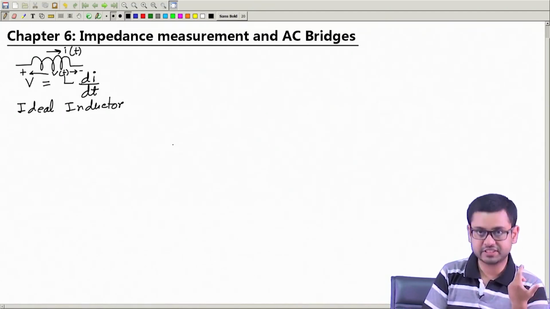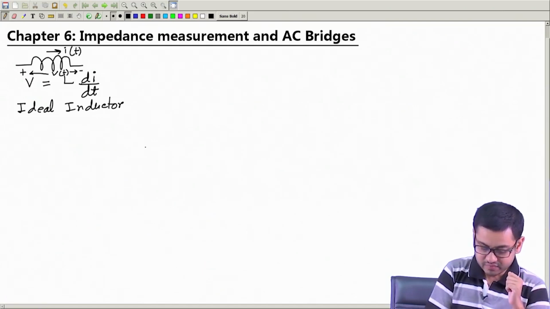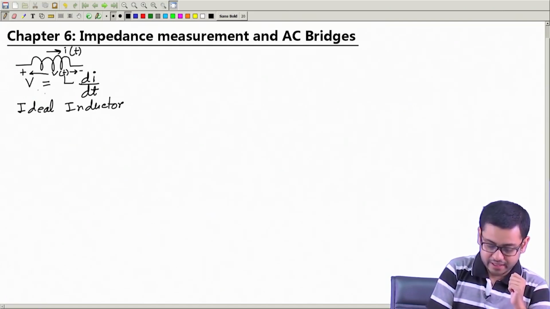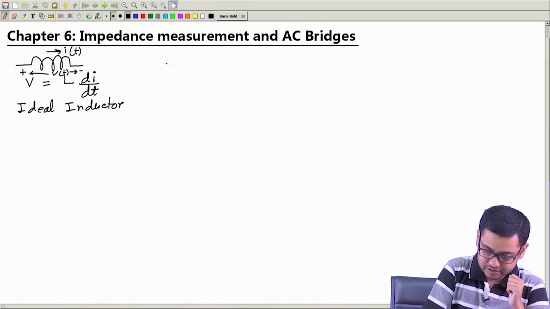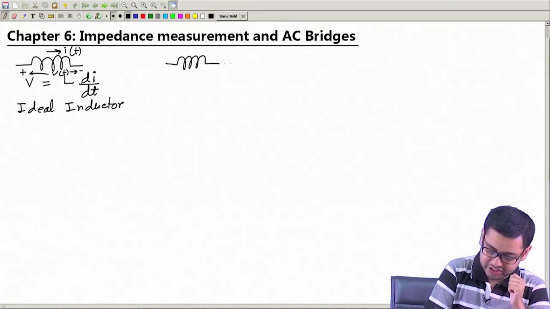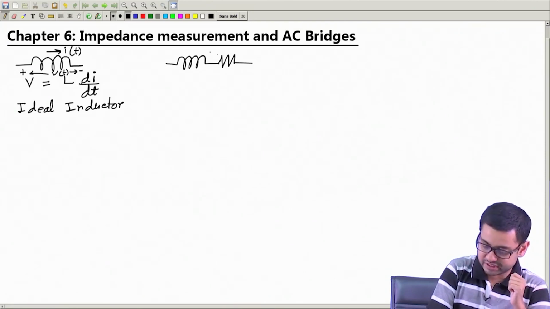I mean, nothing is like a superconductor in reality. So, a practical inductor will always have some resistance, which we can think of as being in series with the inductance.